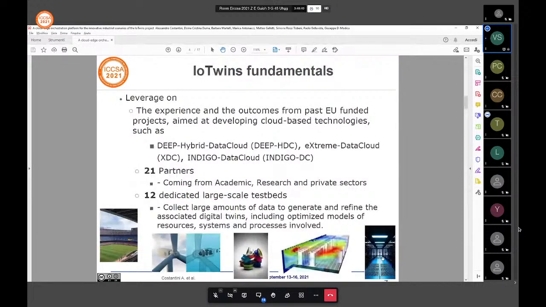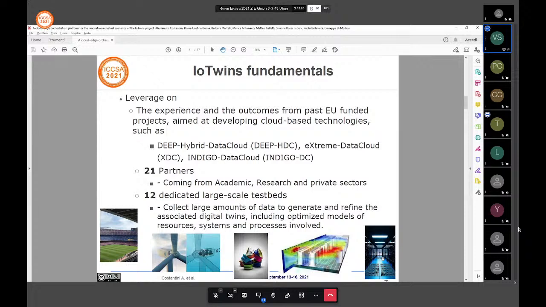IOTwins leverages different aspects. First of all, the experience and outcome of past cloud-based projects that developed cloud-based technologies. Here you can see some of these projects. Then the expertise of the 21 partners coming from academia, research and private companies.